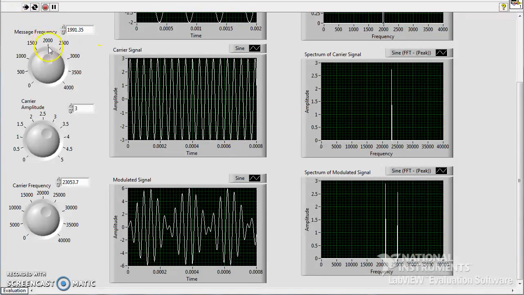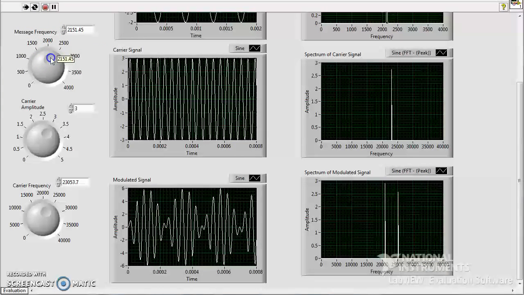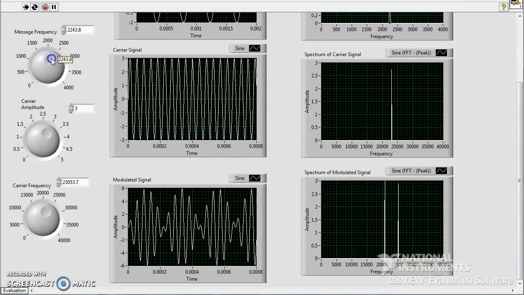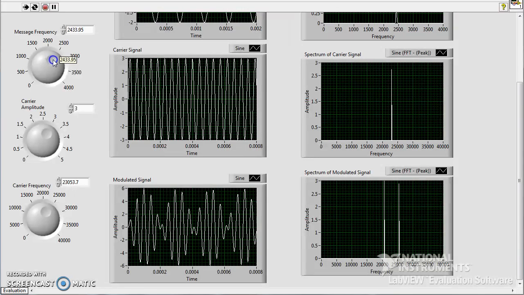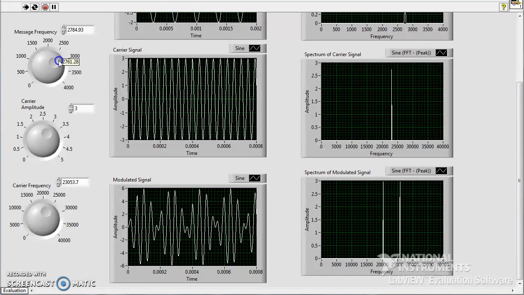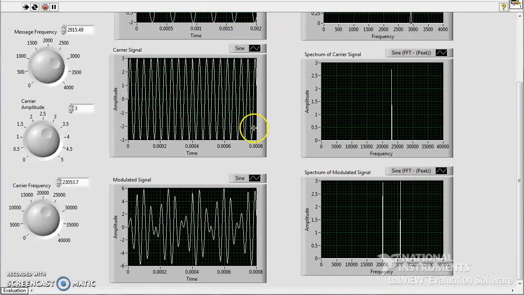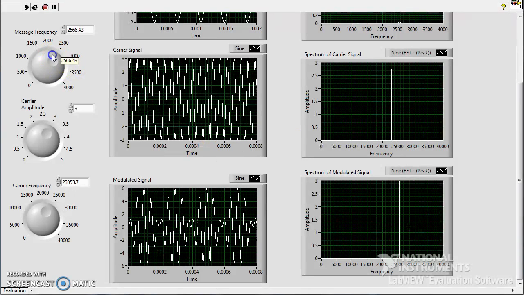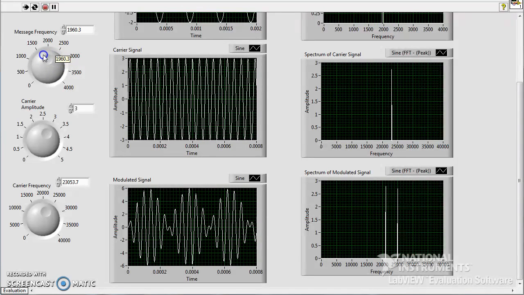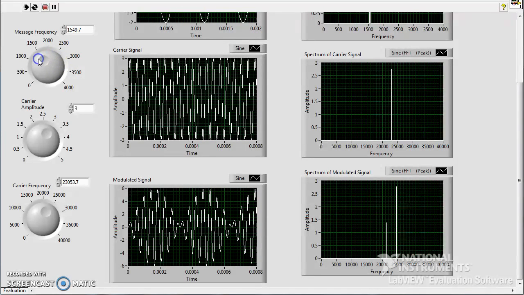Yes, I just increase the message frequency. You could see that both the sidebands are moving apart. If I reduce the message frequency, you could see that both the upper sideband and the lower sideband are coming very close to each other.